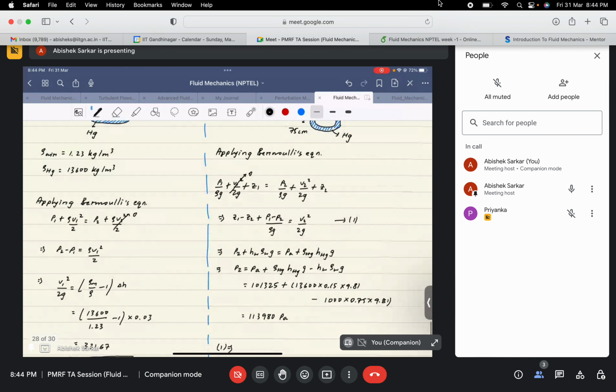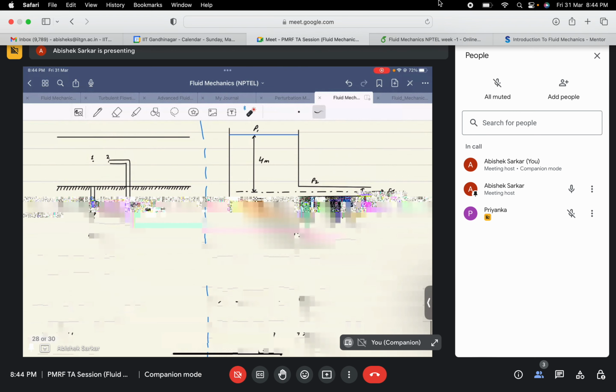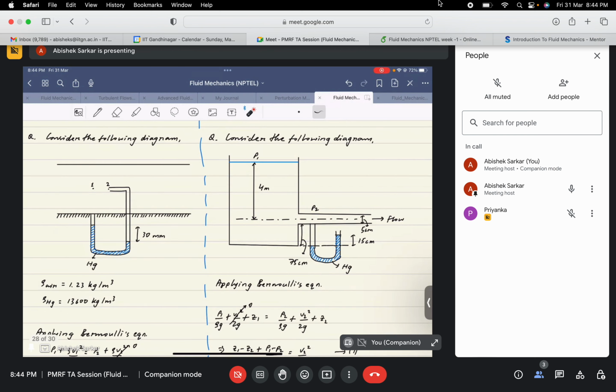The densities of the air and mercury are mentioned here. Then we apply the Bernoulli's equation between these 2 points. One is directly at the inlet of the pitot tube, and since at the end of the pitot tube the velocity of the flow becomes 0, we can approximate it to be 0.